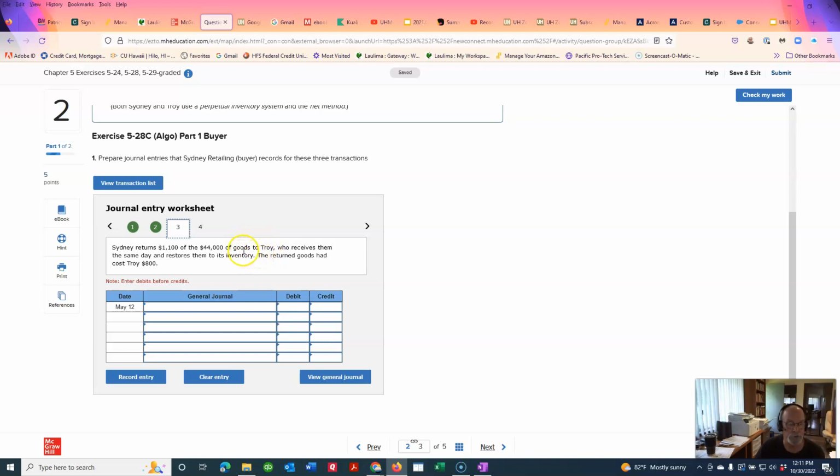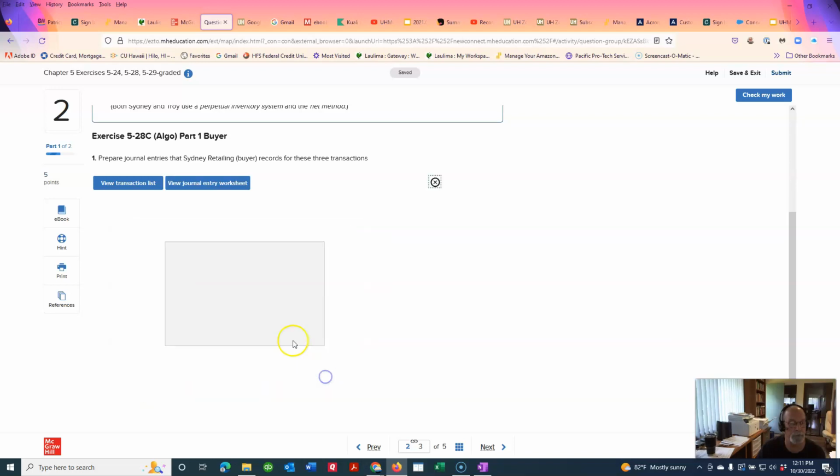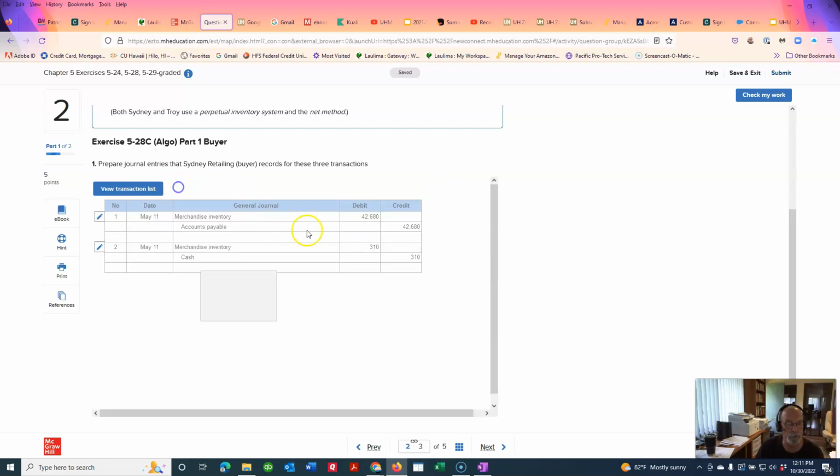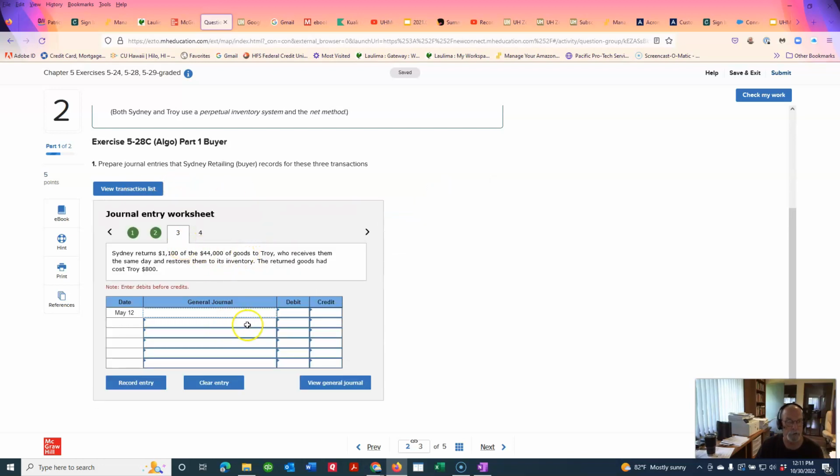And just as we deducted the 3% discount when we recorded the purchase, we took the 44 and we deducted the discount, which came to $1,320. We're going to have to do the same thing here on the return.